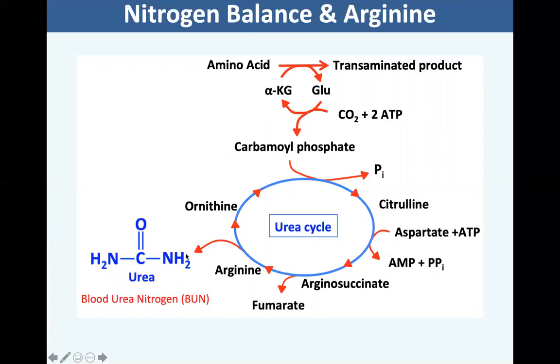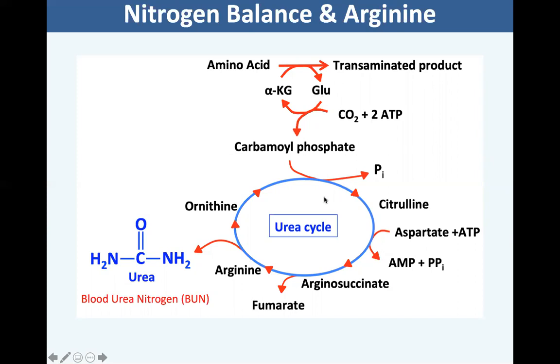And urea is measured by docs as blood urea nitrogen, and it's only made in the liver. And so urea is measured for liver function as well as kidney function, because the rate at which you excrete it in your kidneys is important to know.